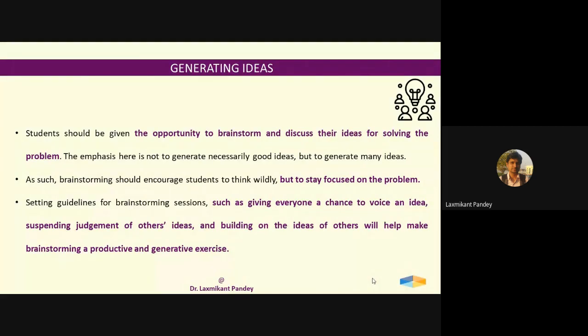Like if you're giving a project to 4 students, it is very important that you do the division of labor. This kind of work is done by this student, and this part of the work is done by that student. So there is a specific demarcation or distribution of the work among the team of that particular group. That is very important.